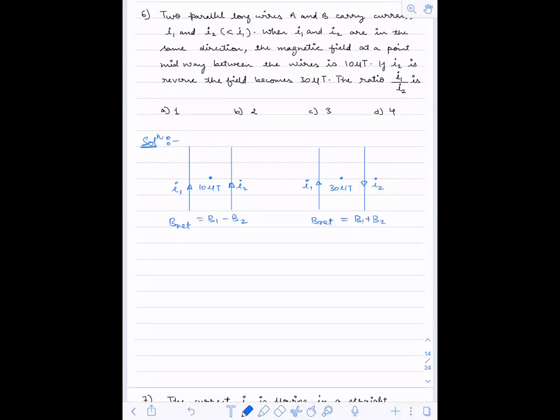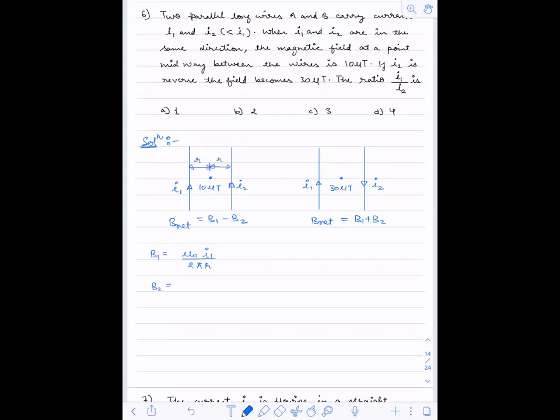Now, in this first case, what is the B1 value and what is the B2 value? The B1 value will be mu naught I1 divided by 2 pi r. R is this distance, and this distance is also r.